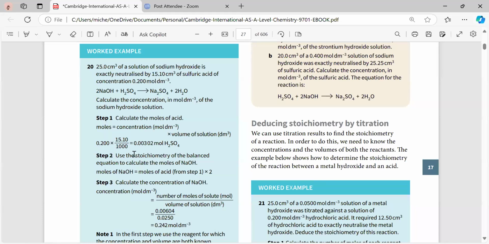We divide this by 1,000, because we are converting cm³ to dm³. Then we multiply this by 0.200, which is the concentration of sulfuric acid. Therefore, we have 0.00302 mol of sulfuric acid.